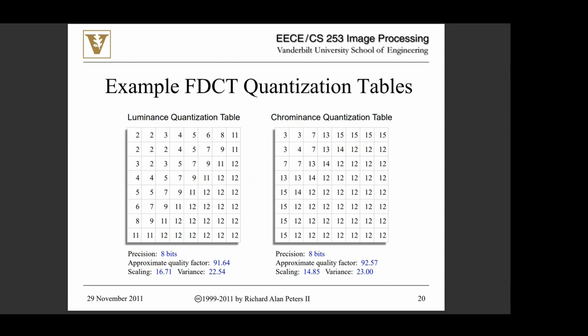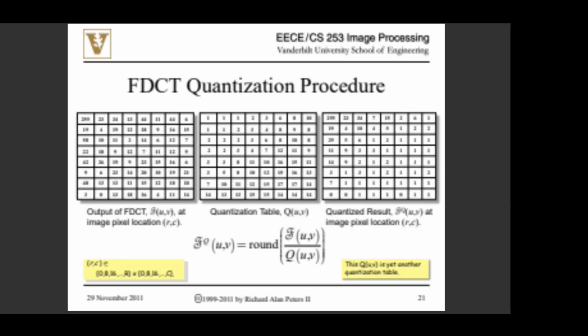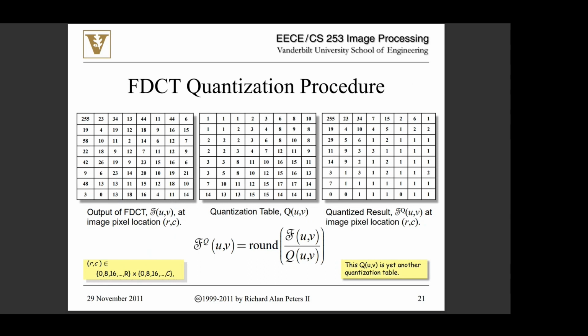So now the discrete cosine transform, we will quantize them. So instead of saving the transform, we will save the transform divided by something and rounded. And then we have quantization tables for that. Why is this saving information?